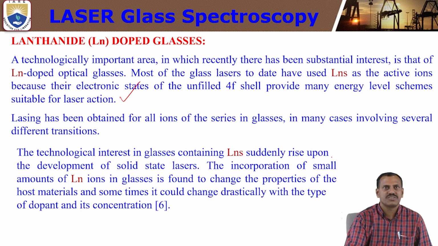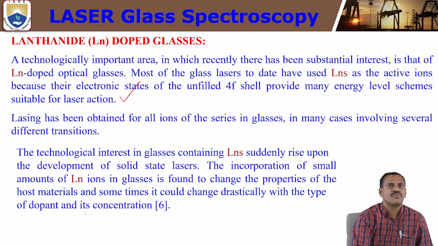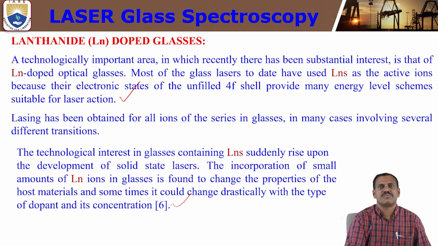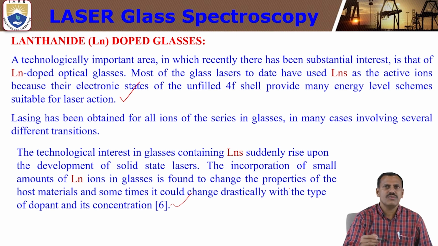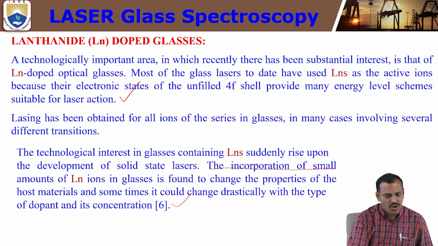The incorporation of a small amount of lanthanide ions in glasses is found to change the properties of the host material, and sometimes it could change drastically with the type of dopant and its concentration. This is very important. Whenever glass formers, if you see the borate glasses, B2O3 glass formers, you can add a small amount of lanthanide ions in this glass.